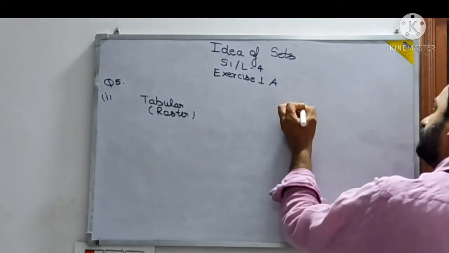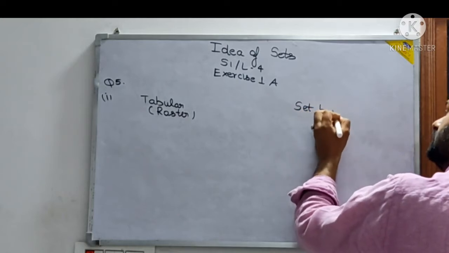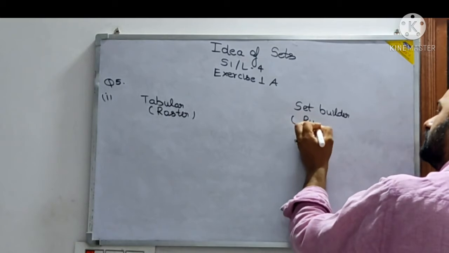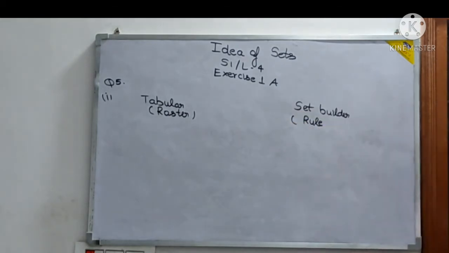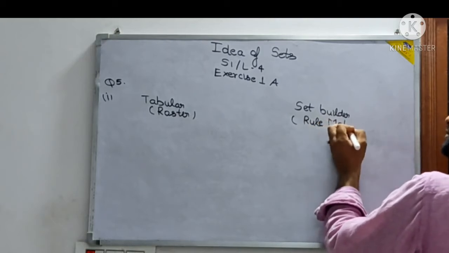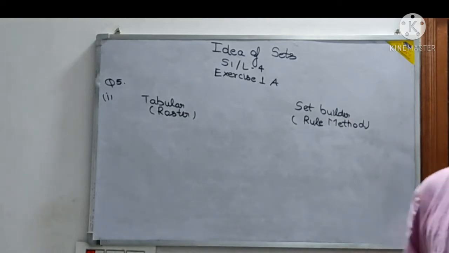And second is set builder, which is also known as the rule method. Children, I am repeatedly telling you the alternate names of these two.